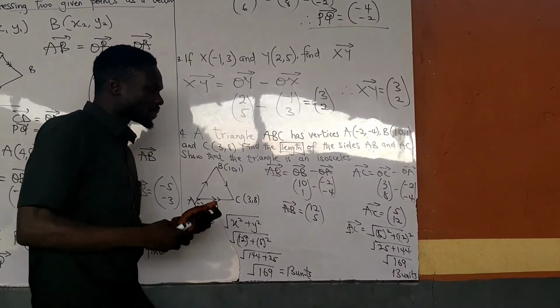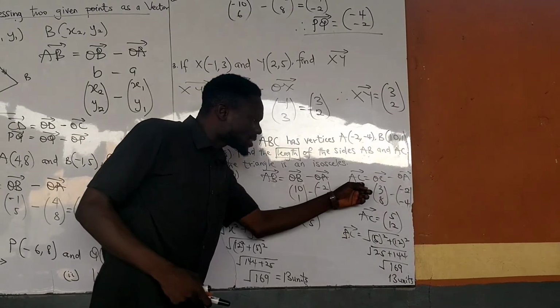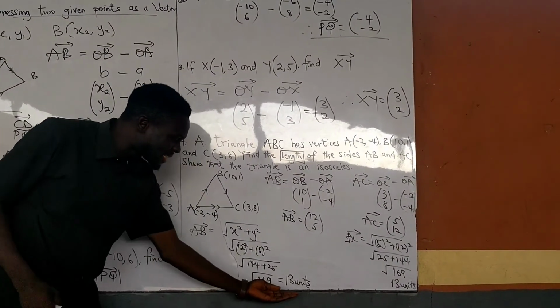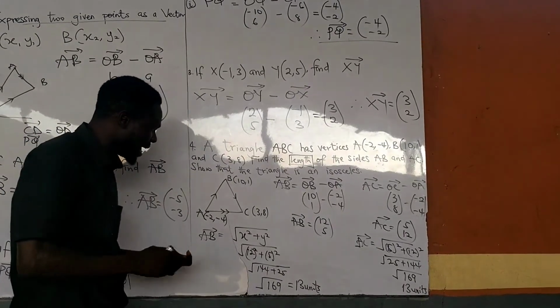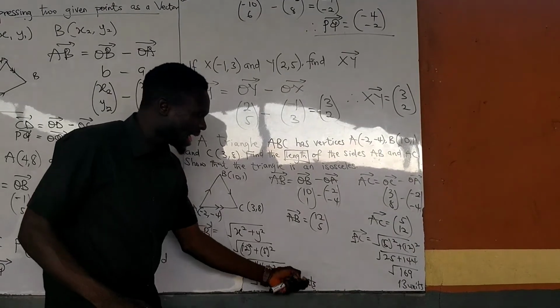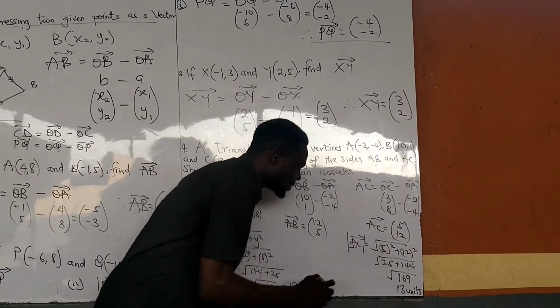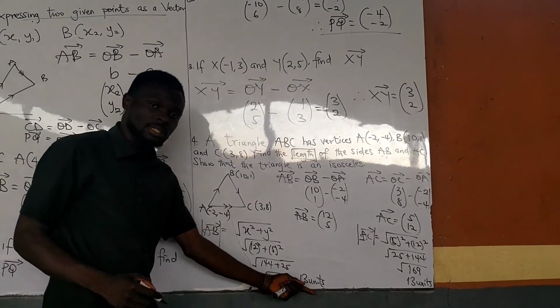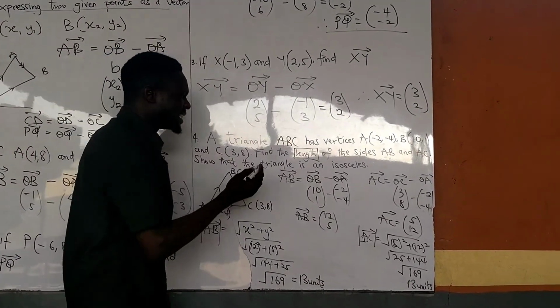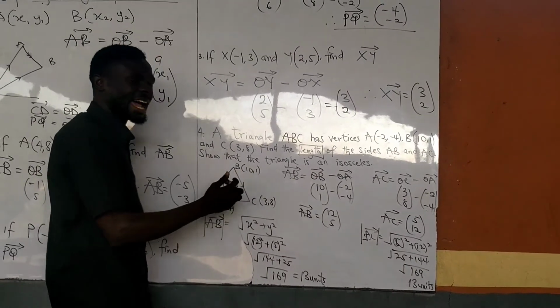When you look at the length of AC and that of AB, they are the same. The length of AB is 13 units and AC is also 13 units, which means the triangle ABC is an isosceles triangle.